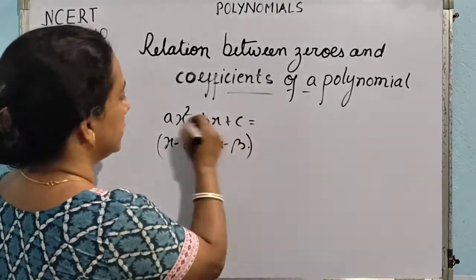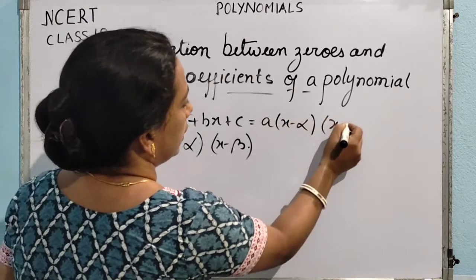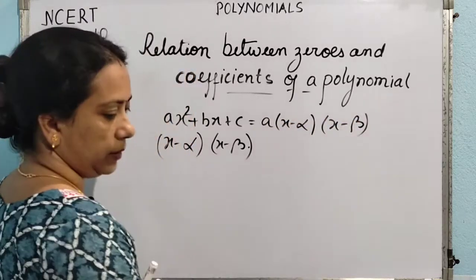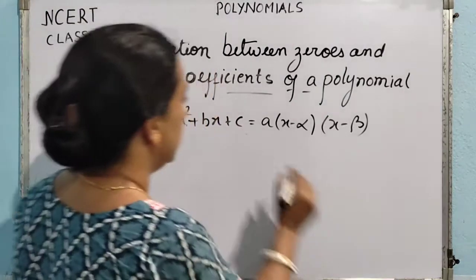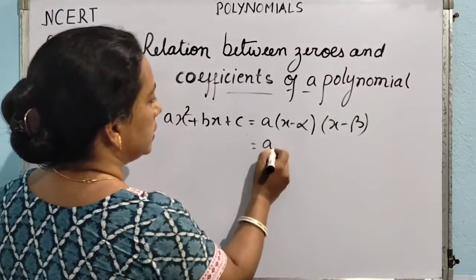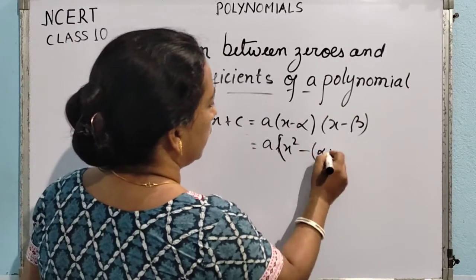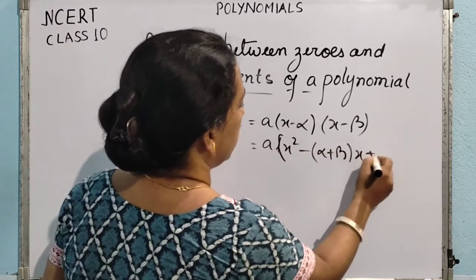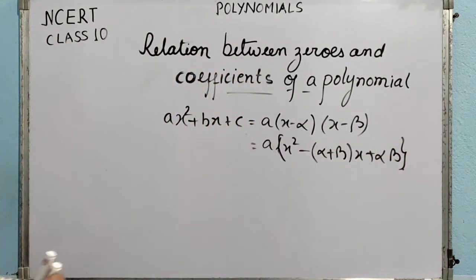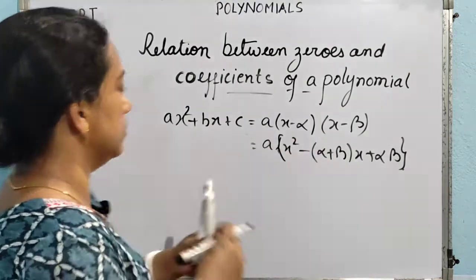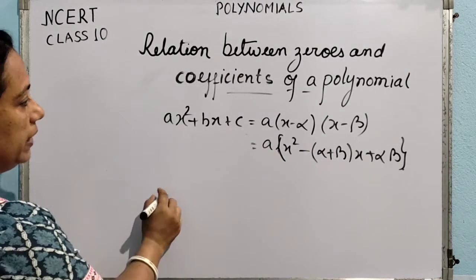So can we write like this: a into x minus alpha into x minus beta. Then we can write a into x square minus alpha plus beta x plus alpha beta. Now comparing the like terms on both the sides, what we will get?